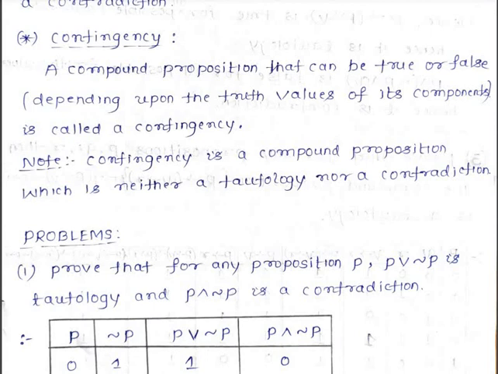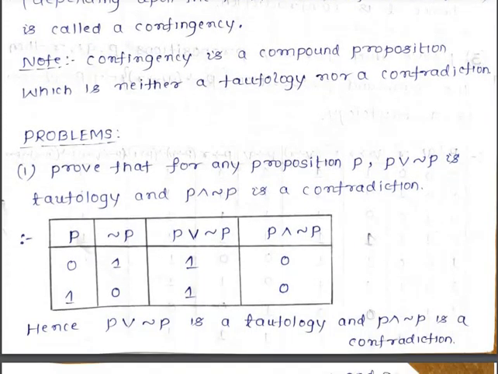So now let us see the problems and check whether it is a tautology or contradiction. If you are getting the result 0 only for all the possible values, then you can conclude it as a contradiction. And if you are getting the result in terms of ones, then we call it a tautology.